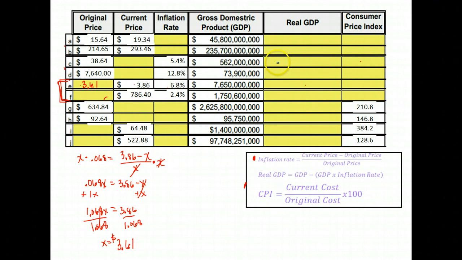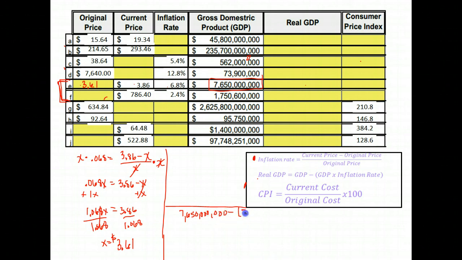Okay, our next empty space is that real GDP. So again, to find that, you take the GDP, like it says here, and subtract from it the GDP times the inflation rate. All right, so let's take a look. What would that look like? Well, our GDP this time is $7,650,000,000.